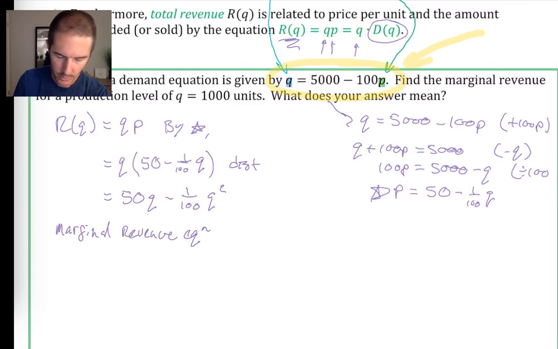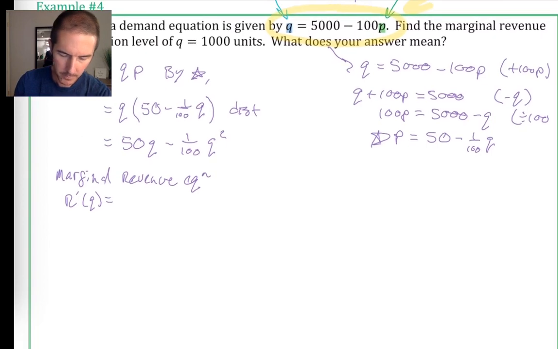Marginal revenue equation is R prime of Q, which equals, take the exponent times the leading coefficient, that's a 1 times a 50, which is 50. Decrease the exponent by 1, so that makes Q to the 0. We don't have to write that.